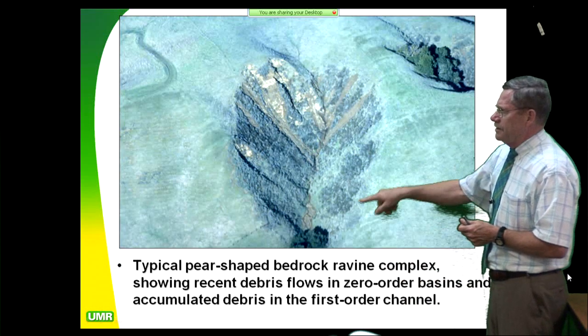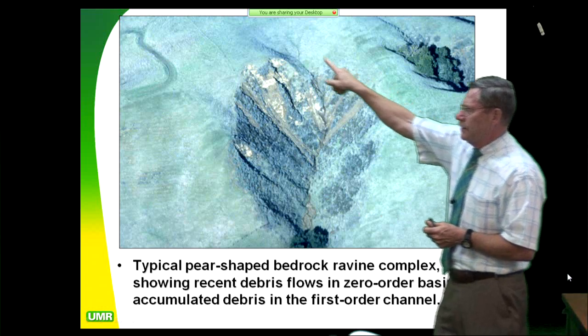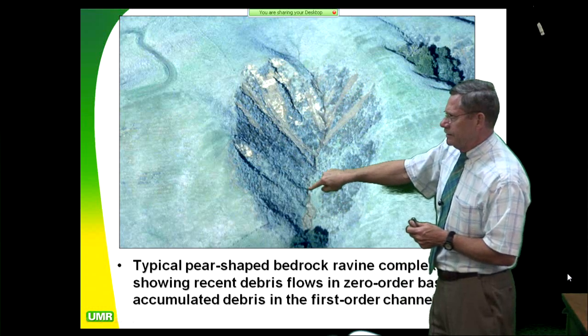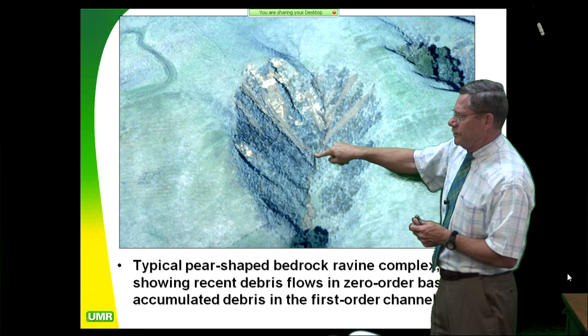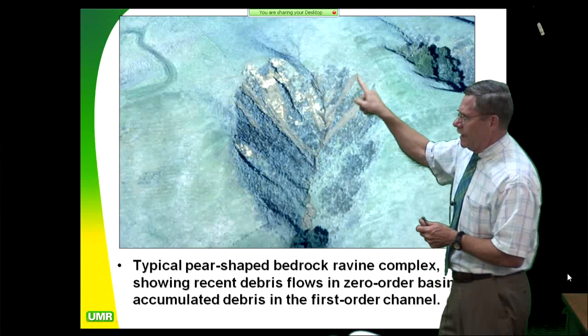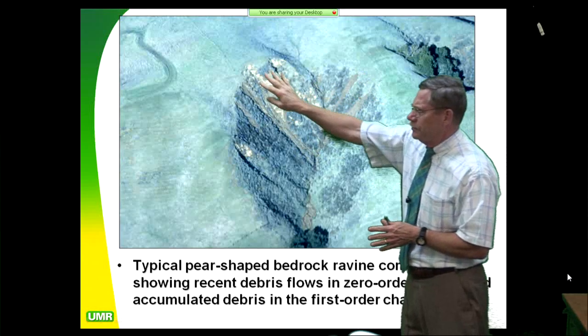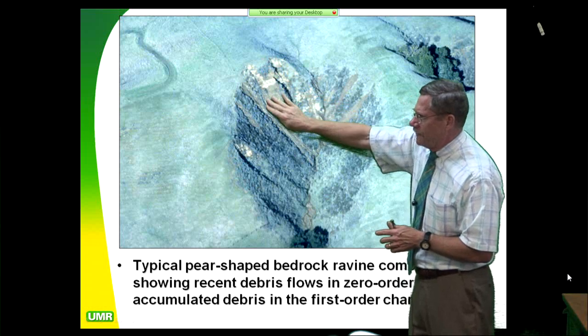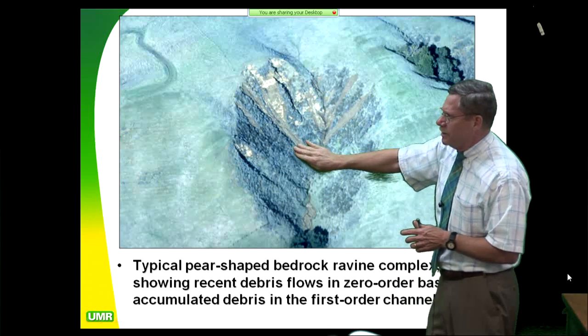Well, here is a zero-order basin right here. And you see the start of something of a channel up to about here. And we have exposed bedrock right here where we've had a big storm come through. And that storm actually took the soil regolith off about 0.5 meter to 1 meter thick.